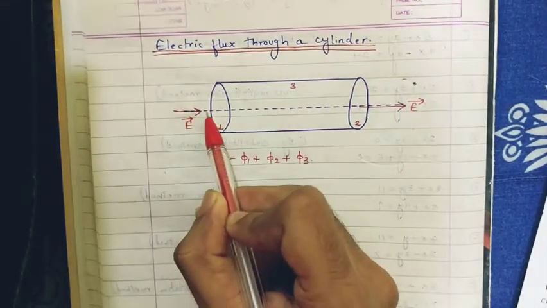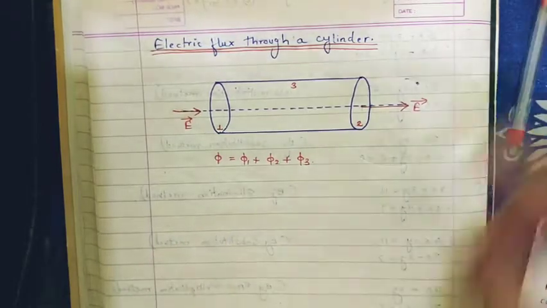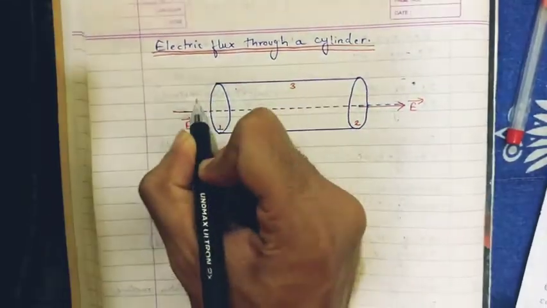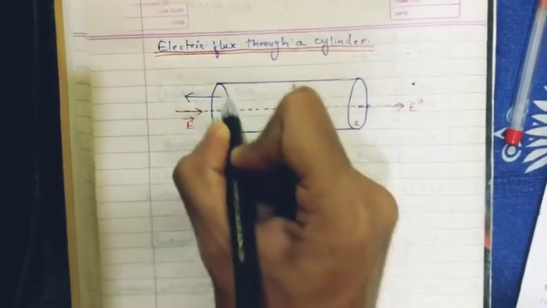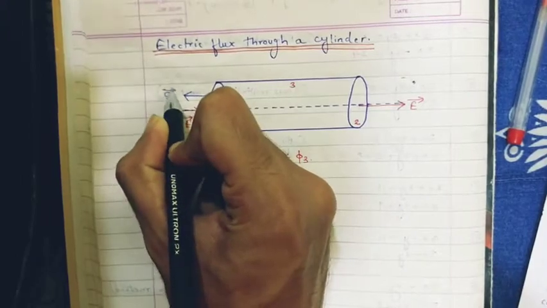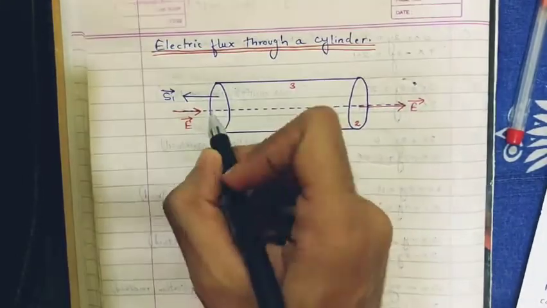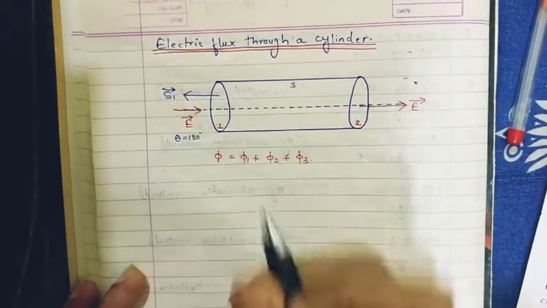The electric field is going this way, but your area vector always points perpendicular to the surface outwards, so the area vector is going to be this way. Let's call this area S1, with the arrow, the area vector. So theta over here is obviously 180 degrees.